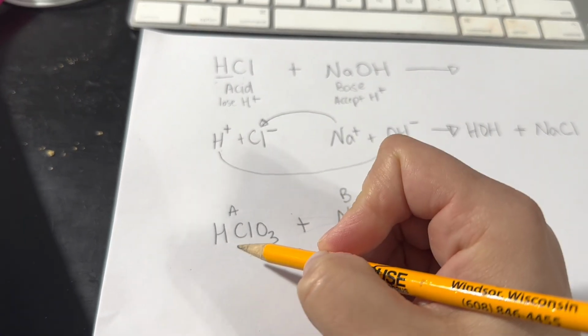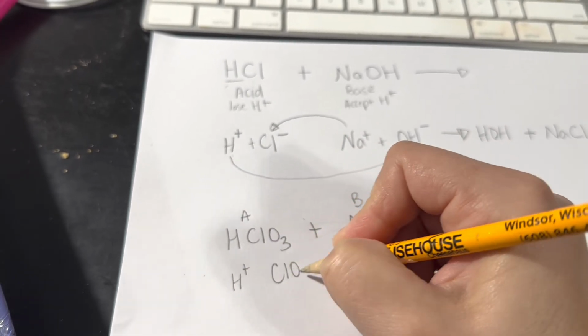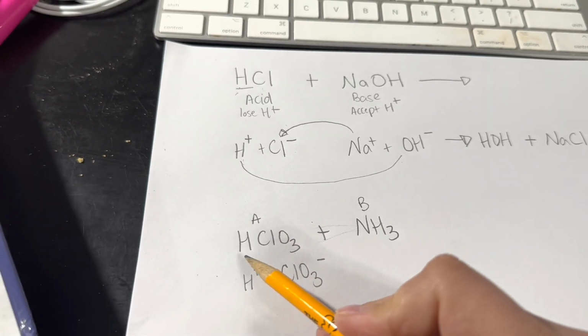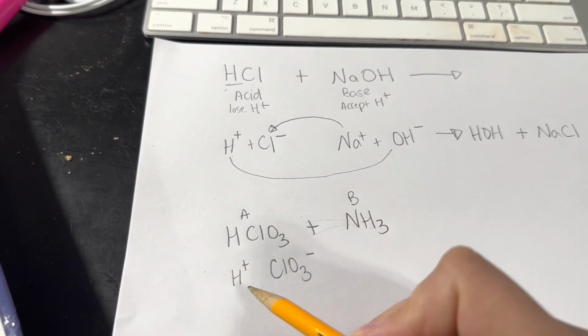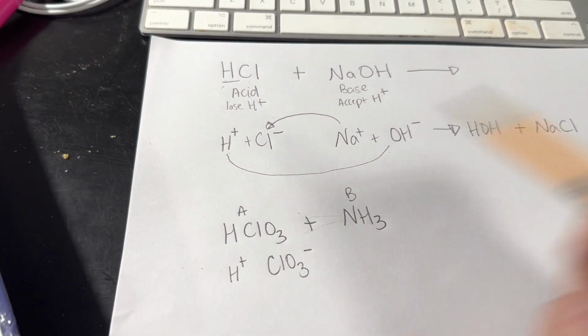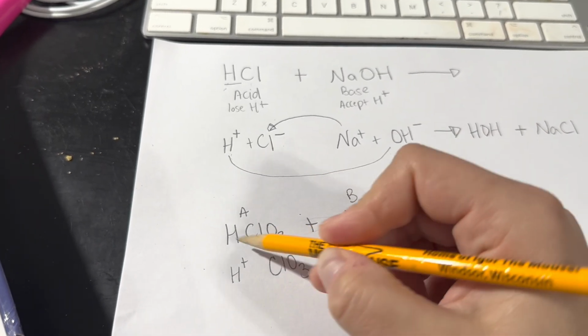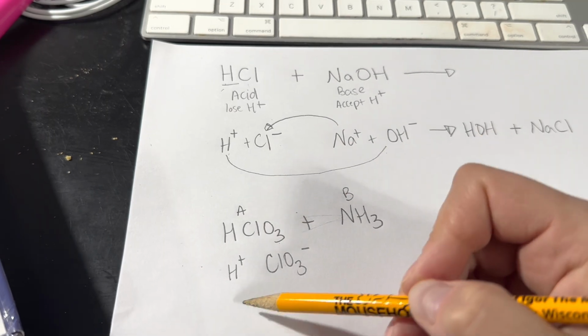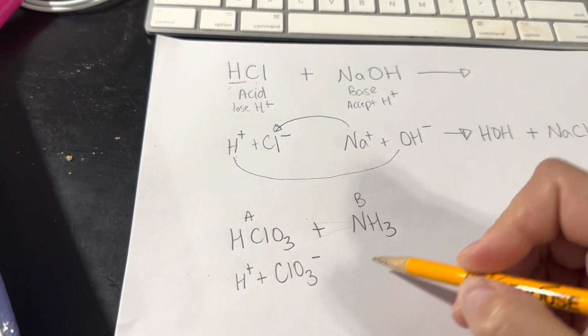So what does that mean for us chemically? This H is going to pop off. So this thing is going to disassociate. And since it's a 1-to-1 ratio, I automatically know what the charge has to be on this. Since it lost an H plus, its charge has to be minus. Right, because when they went together, they were neutral, right? If I lost an H plus, the charge on that's got to be minus. Okay, so we've got those two.